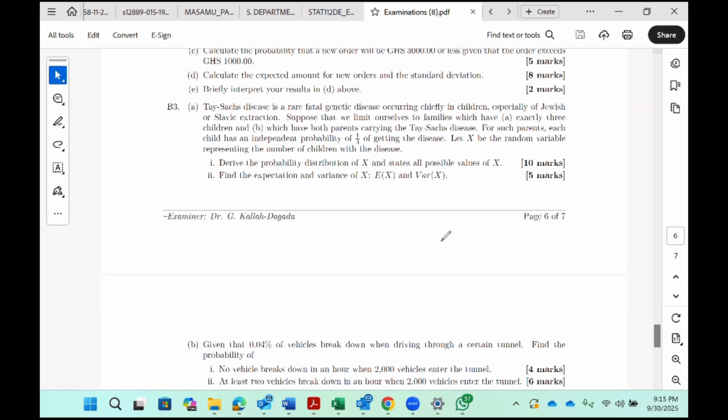So we have only 2 families. For such families, each child has an independent probability of 1/4 of getting the disease. So either he gets or he doesn't get. Let X be the random variable representing the number of children with the disease.